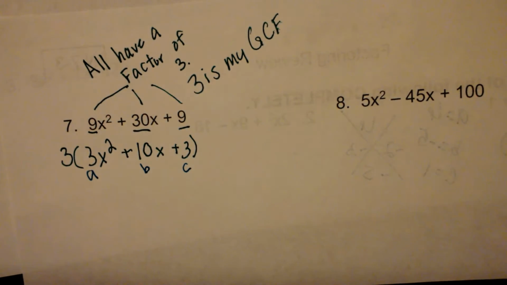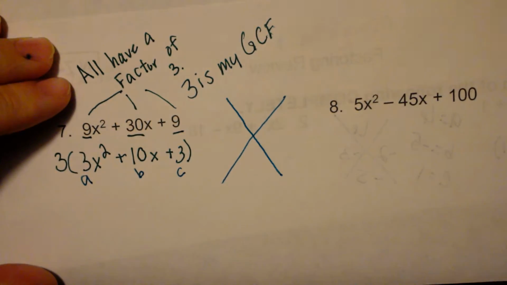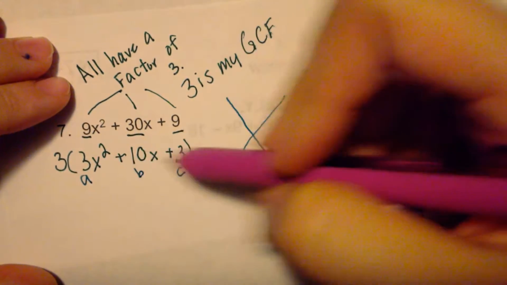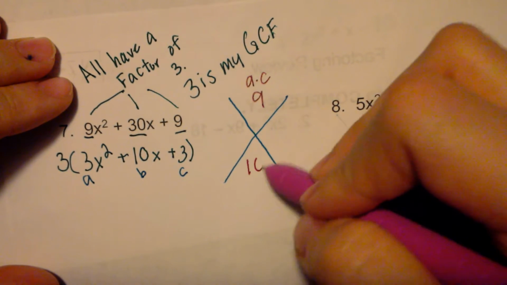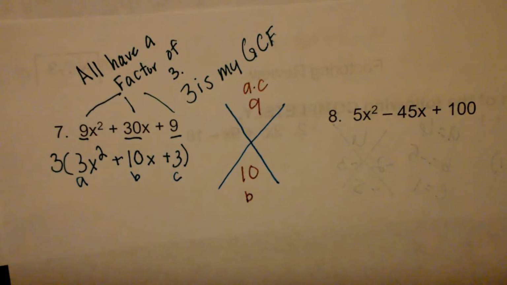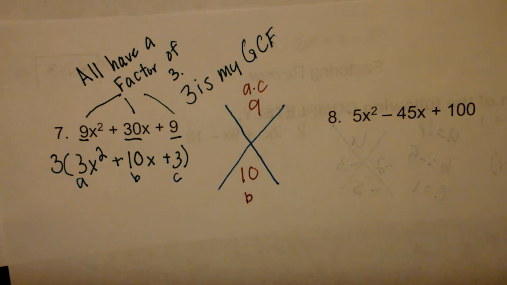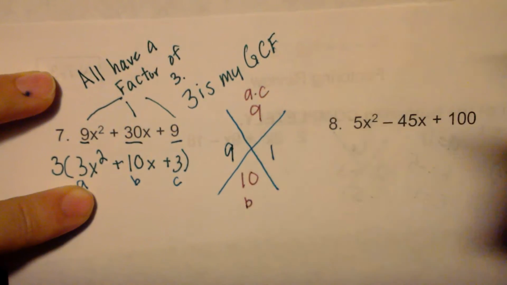So I have my A, B, and C. So A times C is 9. And 10 is my B. So two numbers that multiply to 9 but add to 10: 9 and 1.